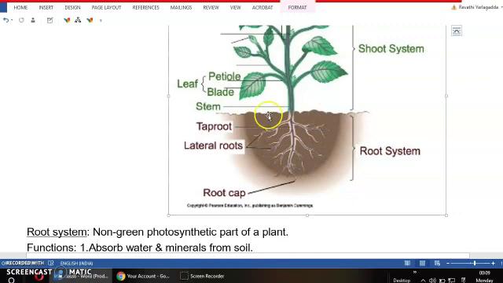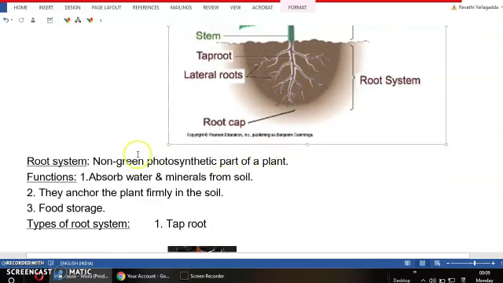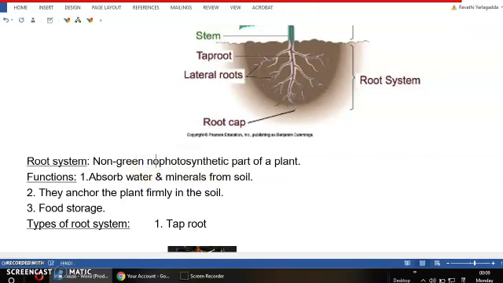Whatever part lies below the ground would look brown or light brown, in various shades of brown color. So they are non-green and non-photosynthetic parts of the plant.